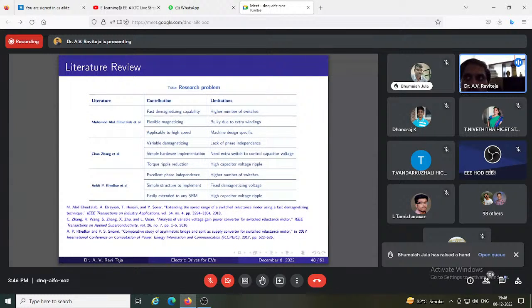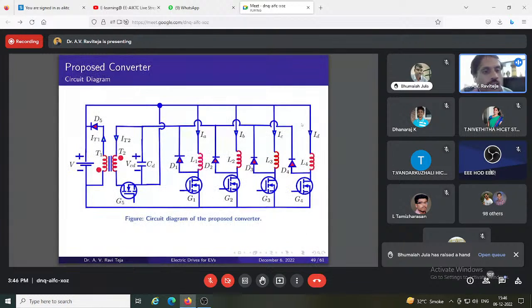But if you make a converter which is dependent on phases, then this advantage will be lost, right? And then you need extra switches, higher ripple, fast demagnetizing voltage is not there, and also higher capacitor voltage ripple. So this reduces the life of the capacitor. So these are drawbacks existing in literature.